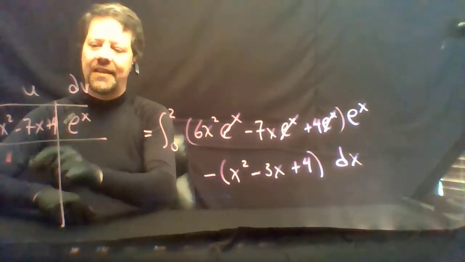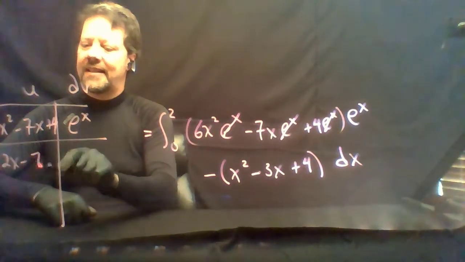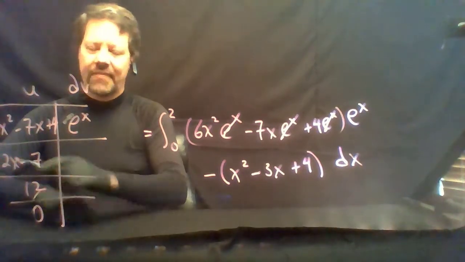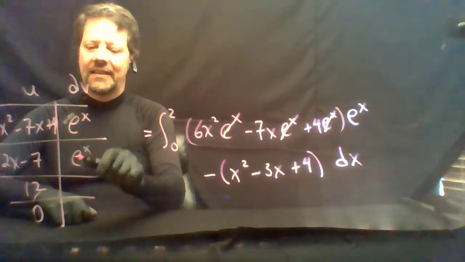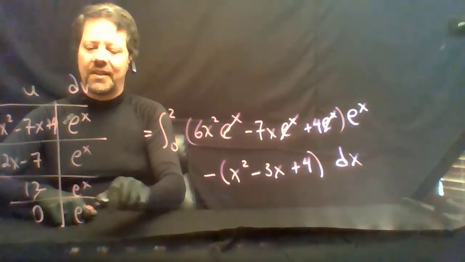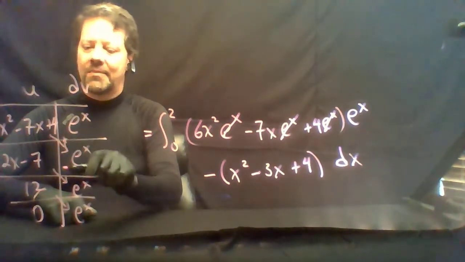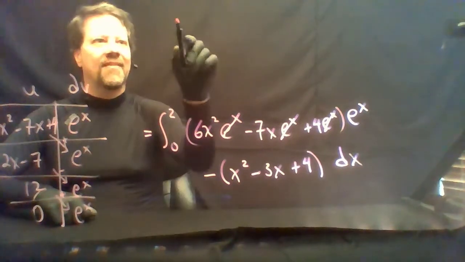We differentiate down the first column. That's 12x minus 7, 12, and 0. That's where you stop. Integrating down the second column, it's just all e to the x. Multiply down diagonals and alternate signs, plus, minus, plus.